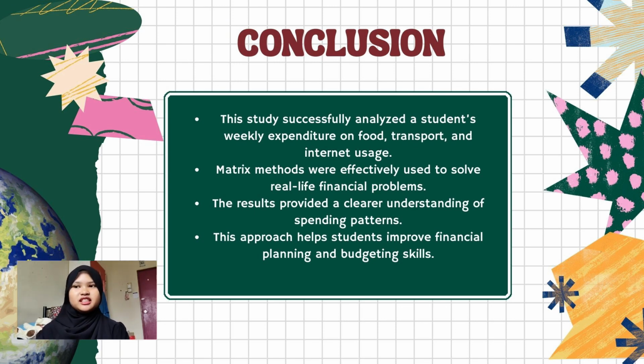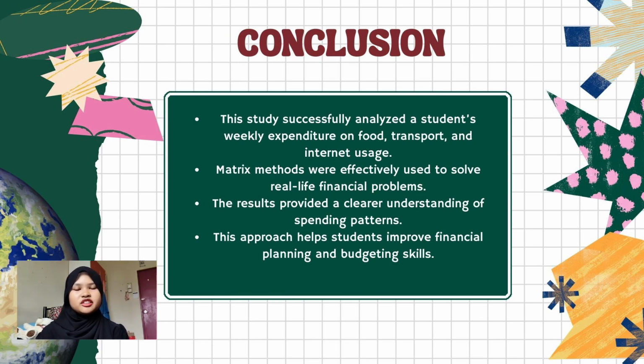In conclusion, this study focused on analyzing a student's weekly spending on food, transport, and internet usage. By collecting and organizing data properly, we were able to see clearly how much was spent on each category. This helped us understand the student's spending habits and identify where most money was going.